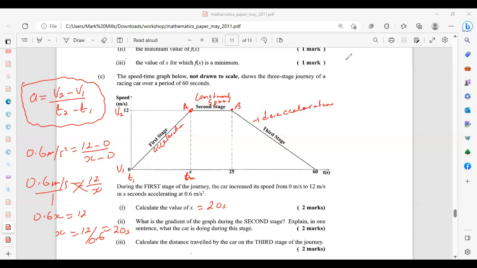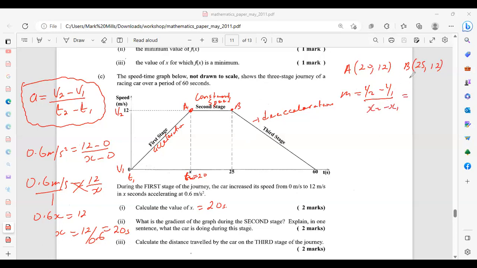The coordinate of A, we know that this side x was 20, am I right? So this will give me 20 and 12. And my B will give me 25 and 12. We say the gradient formula is y2 minus y1 over x2 minus x1.